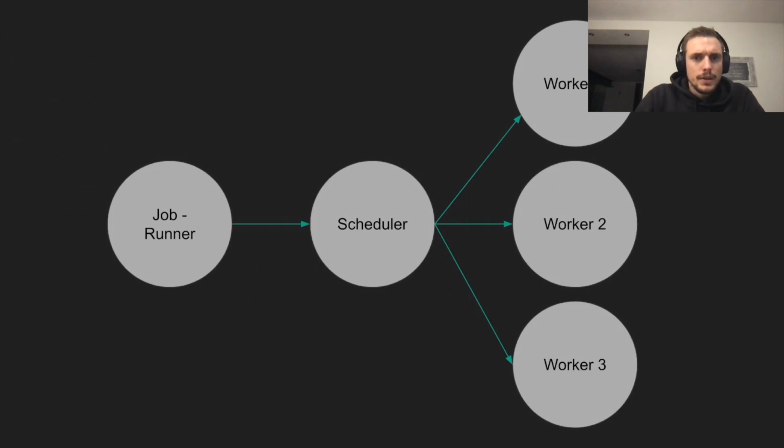For the overall compute model, it works, as I said, fairly similar to what you would get in a Spark job. You have a cluster with a scheduler, which is the main entry point that schedules the work. Then you have an arbitrary amount of workers, pretty much as many as your Kubernetes cluster can handle. And maybe one special thing is that in the case of this plugin, we have a job runner.